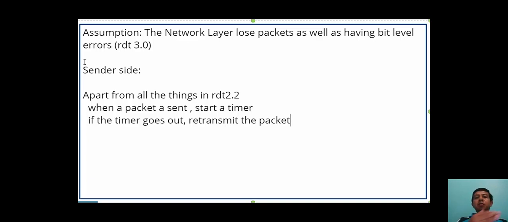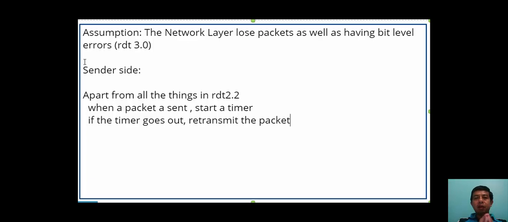So there should be some way of starting a timer and stopping a timer. Every time a packet is transmitted or retransmitted, the timer is started. If an acknowledgement arrives before the timer goes out, simply stop the timer. If the timer goes out, then retransmit the packet and again start the timer. So basically we have added this step of adding a timer. If it times out, retransmit the packet.